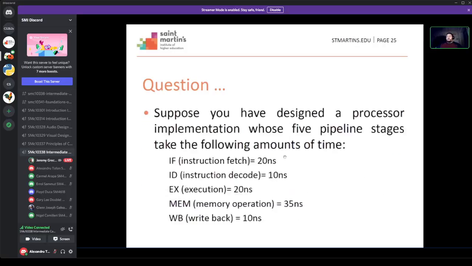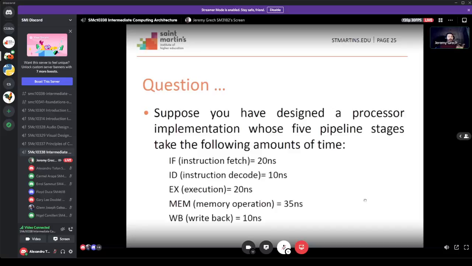You could look at these and ask, which is the clock cycle which is going to allow me to perform each and every one of these pipeline stages? What would you say? What is the clock cycle length that is going to allow me to execute each and every one of these pipeline stages?